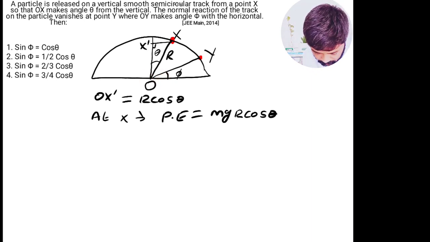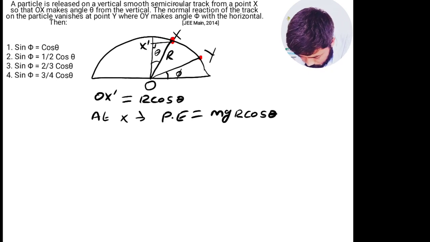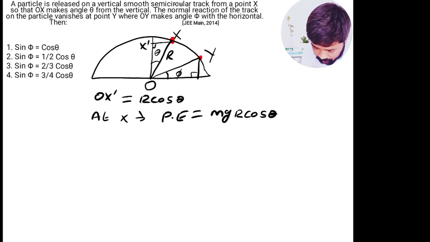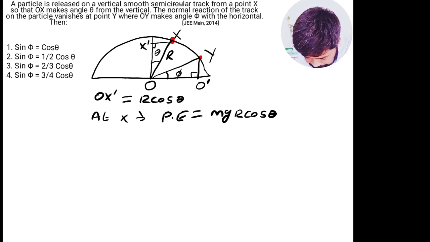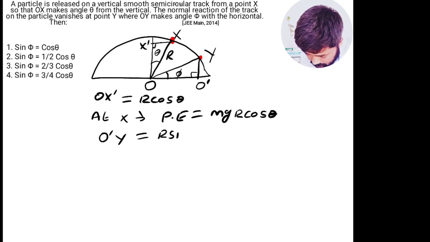Now let me find this height. I'll write this as O dash. So O dash Y will be how much? O dash Y, which is the height, is equal to R sine phi.